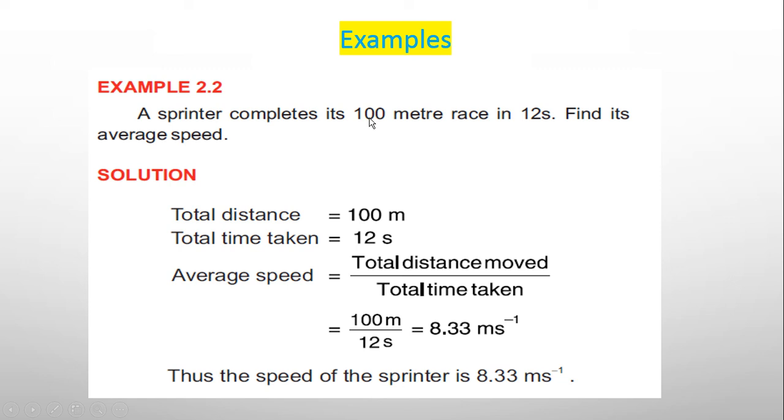You can see here 100-meter race means 100 meter is the total distance covered by sprinter. In 12 second means total time is 12 second. So data is total distance is equal to 100 meter and total time taken is 12 second. So average speed will be total distance moved divided by total time taken. So 100 divided by 12 seconds, which gives you 8.33 meter per second. Thus the speed of sprinter is 8.33 meter per second.